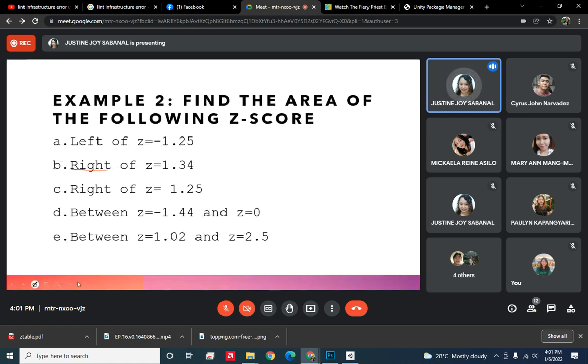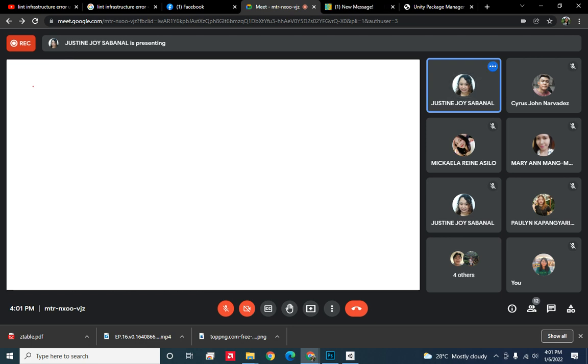So let's try to answer this. This is right of z is equivalent to 1.34. So this is represented as probability of z greater than 1.34.